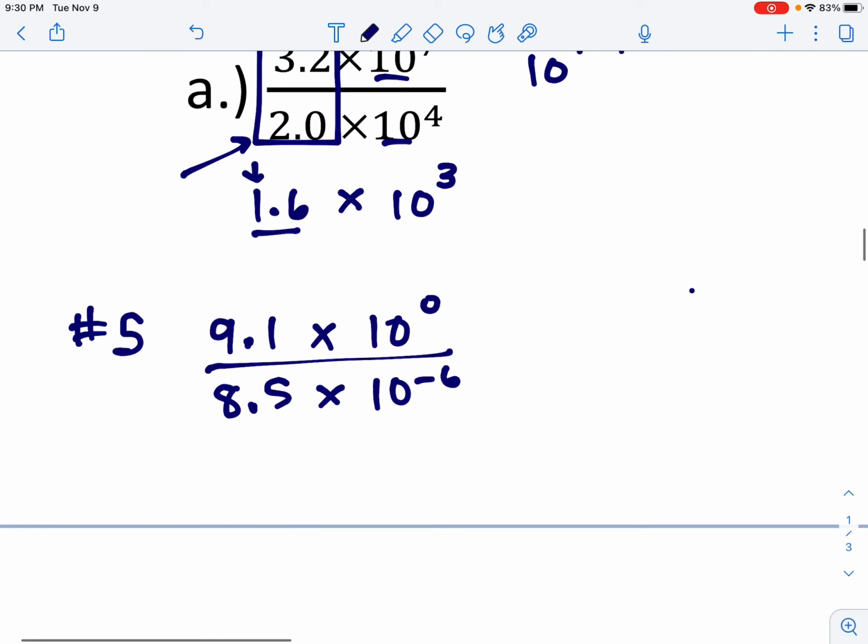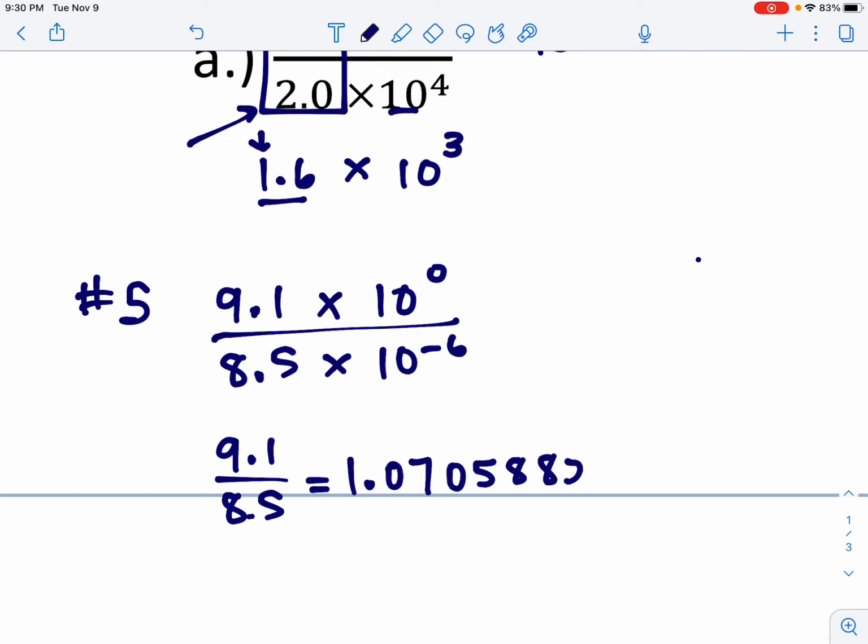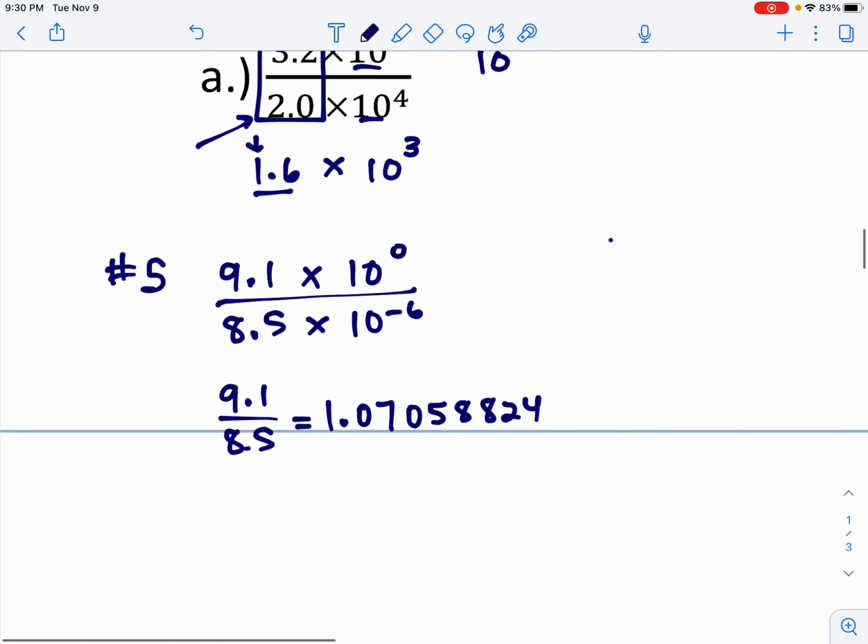Okay, so 9.1 divided by 8.5, that equals a big long number, 1.07058824.